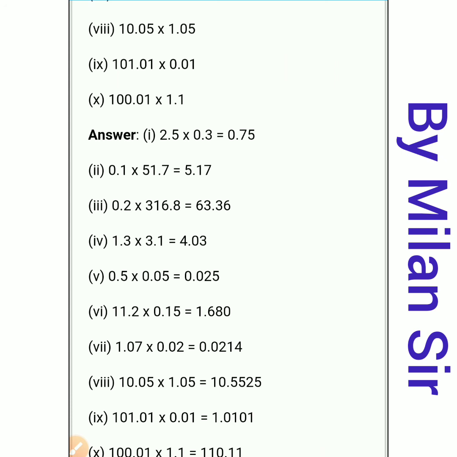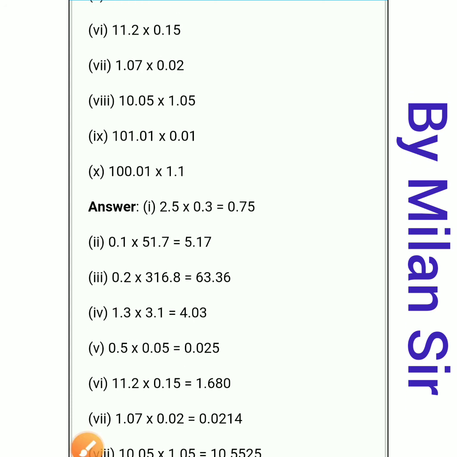We need to find the total number of digits present after the decimal point. The same thing we need to do in the answer. That means before that many digits we need to put the decimal point. This is the multiplication of decimal numbers.